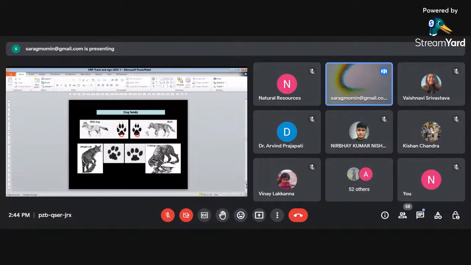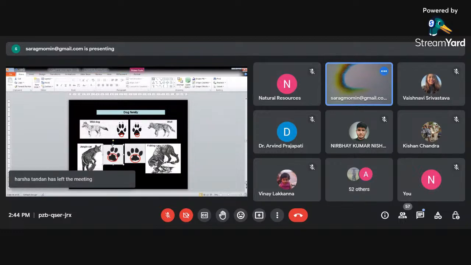Okay. The other point is next, the cat family, jungle cat. Here, if there are no nail marks, if you do not find any nail mark, then this belongs to the cat family.